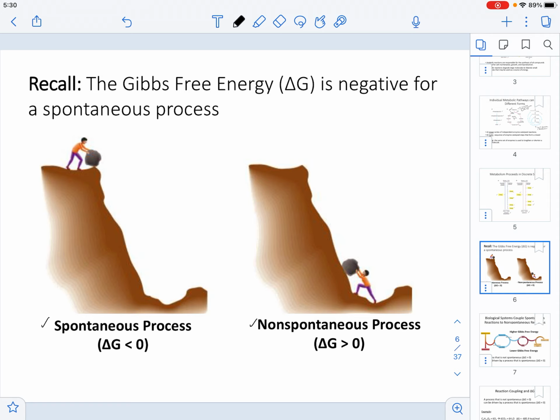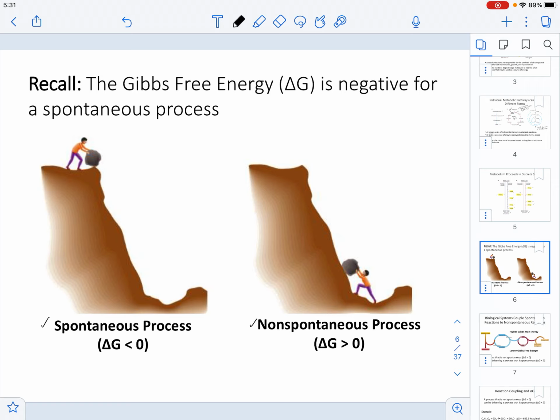This image is actually just illustrating how in a spontaneous process, outside energy is not required in order for the system to go. So for example, if you leave that rock at the edge of that hill, it will eventually roll down.